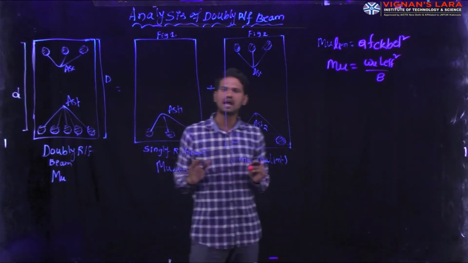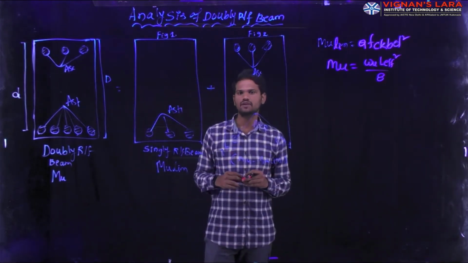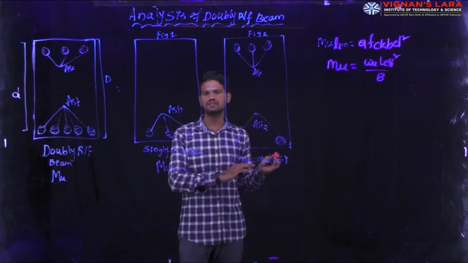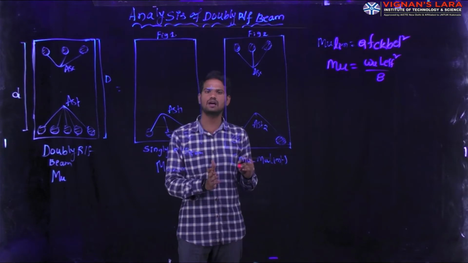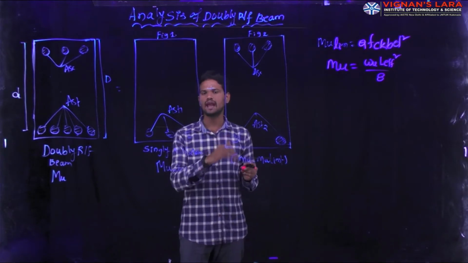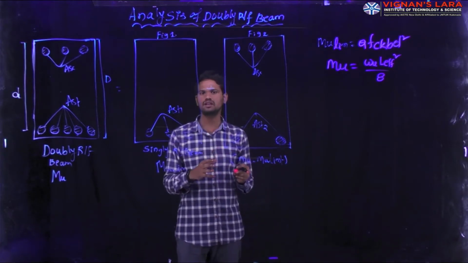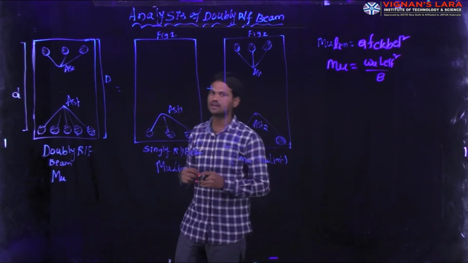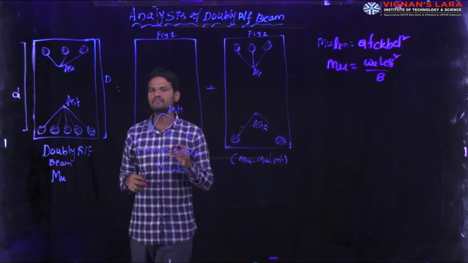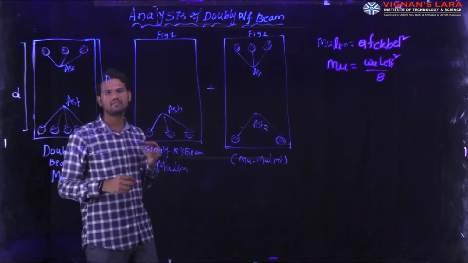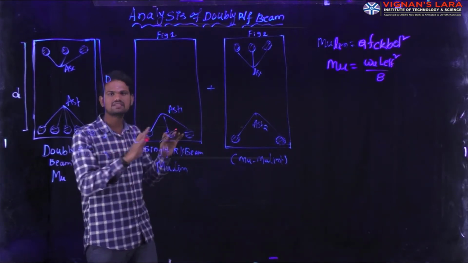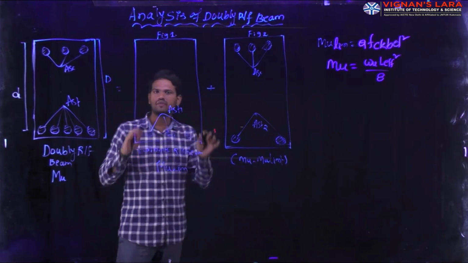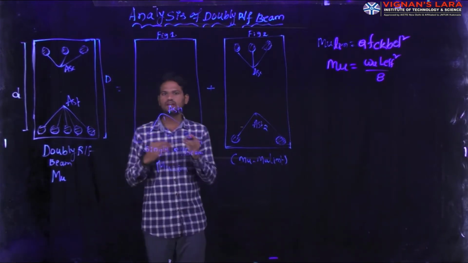Why am I considering the doubly reinforced beam? Suppose I consider one beam, fix the width and the total depth of the beam, provide some area of steel reinforcement and apply the load. Due to the load, the beam may deflect and is subjected to bending moment and shear force.